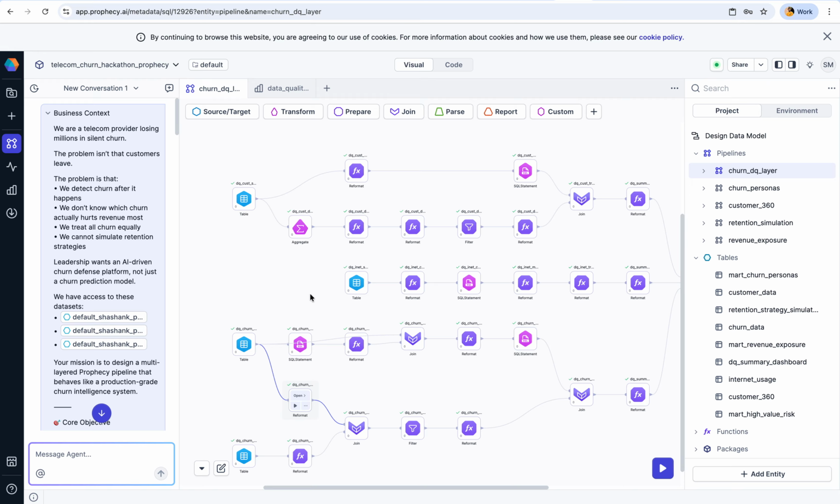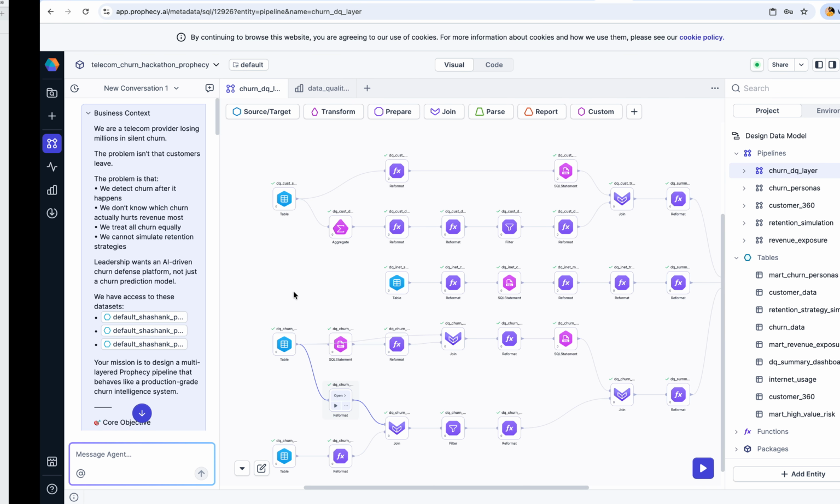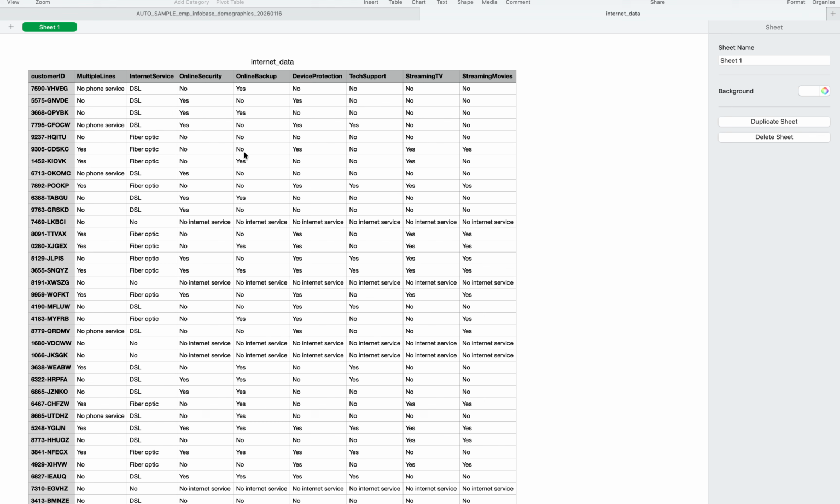This system does not just predict churn, it detects risk patterns, segments churn personas, calculates revenue exposure, and even simulates retention strategies. Talking about the data set, I have used three CSV files. The first is about internet usage by different customers, and it has these many columns.